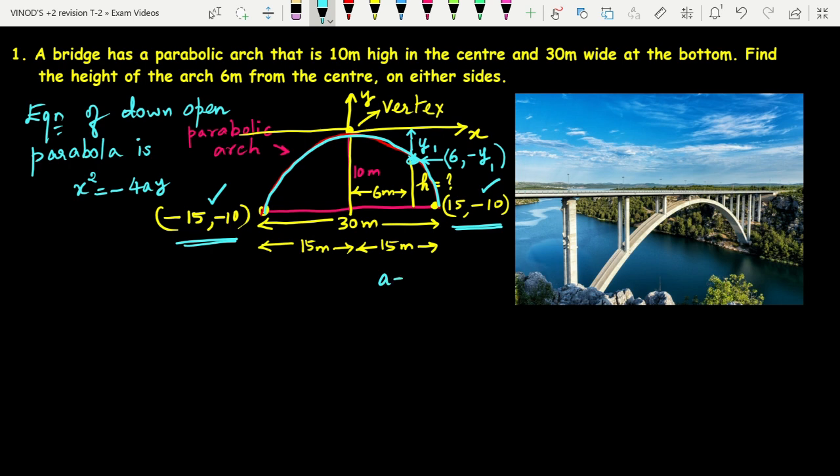Now we have to find the a value by substituting x as 15 and y as minus 10.